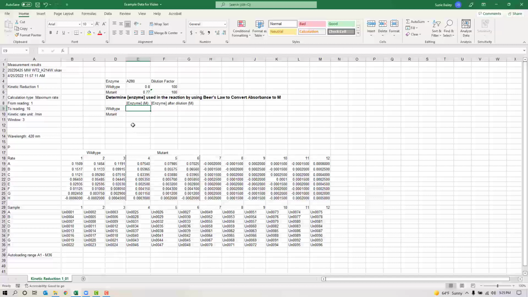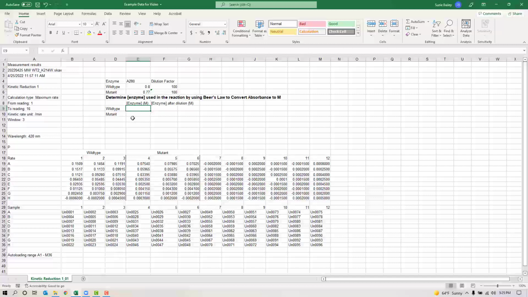It is 113,330 inverse molarity inverse centimeters, and the path length for this absorbance reading in that cuvette was 1 centimeter. So we know that absorbance is equal to concentration times molar absorptivity times the path length. So we rearrange that equation, and concentration is going to be equal to absorbance divided by molar absorptivity times the path length. So we can have Excel do this calculation for us.